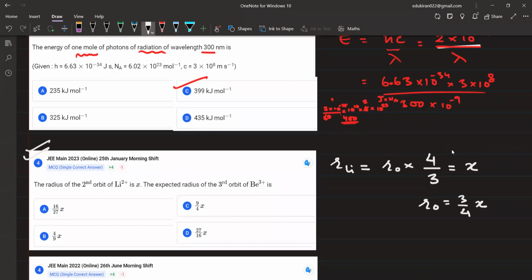Yes, sir. Now what will the radius of Be3+ be? R0, that is 3 upon 4x, into what is the atomic number for beryllium? 4 square upon 3, right?